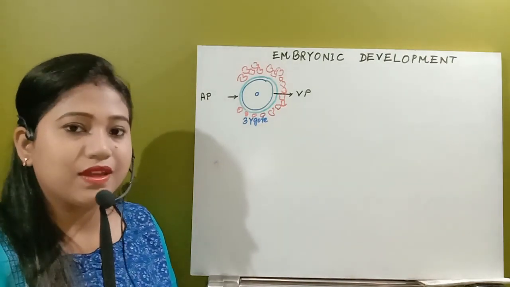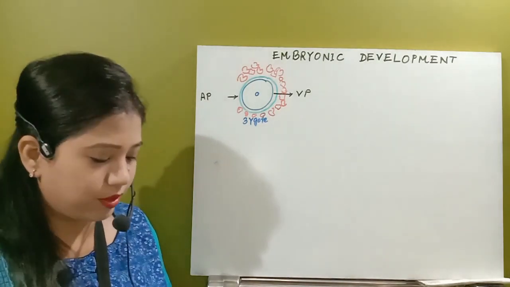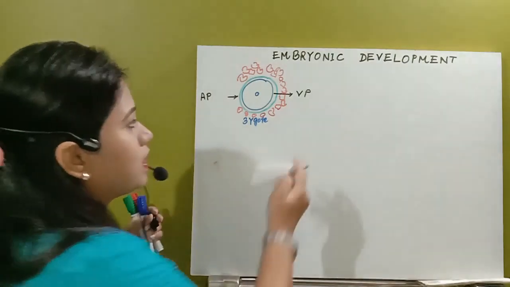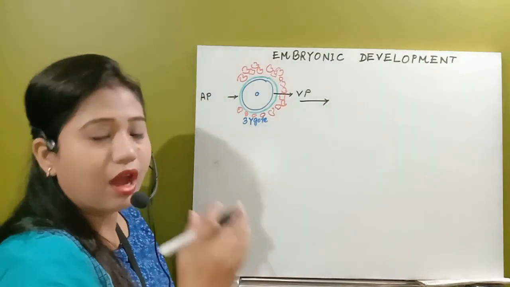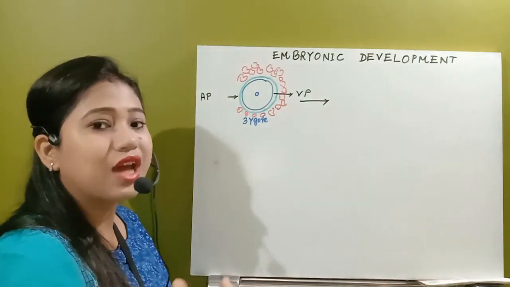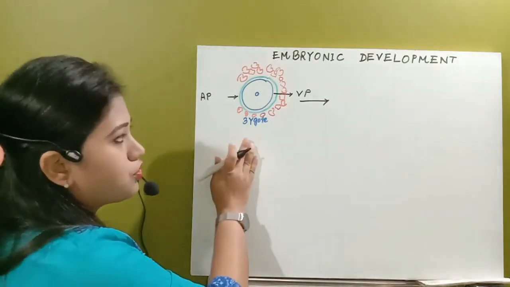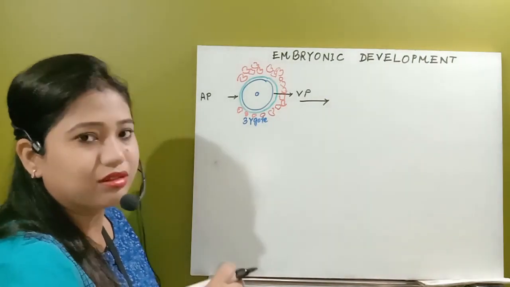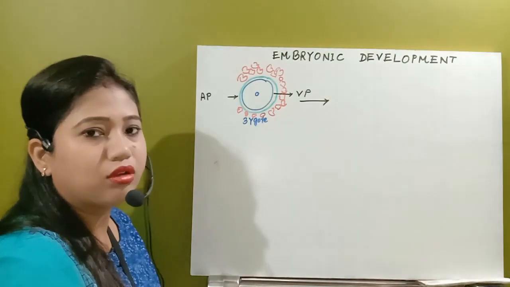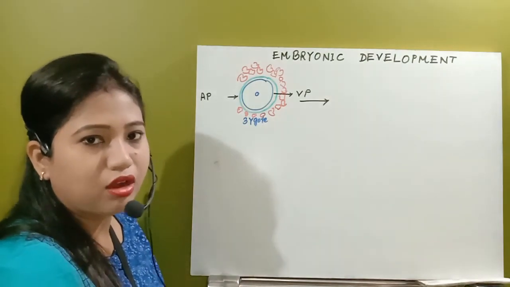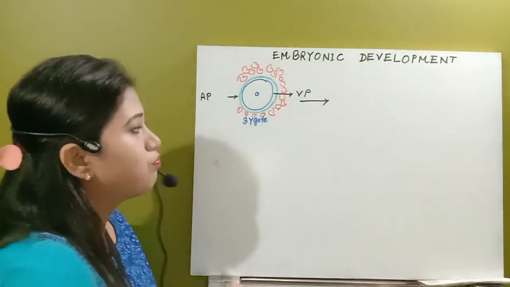So how will the first cleavage occur? After 24 hours the first cleavage will occur, 24 hours after fertilization. Suppose fertilization took place at a certain time; exactly after 24 hours, it can also be plus or minus 1 hour, later or before.